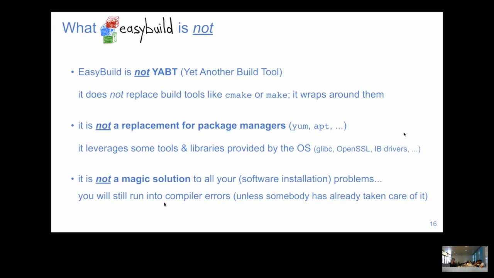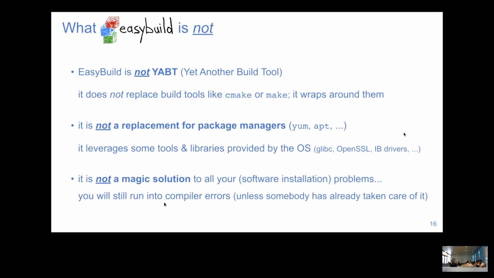So if you have a software package that's configured with CMake, then you build it with Make and install it with Make install, that's basically also what EasyBuild is going to do. It's just going to do it for you. You will be talking to EasyBuild, which then goes off and runs CMake for you and checks whether things have worked the way they should.